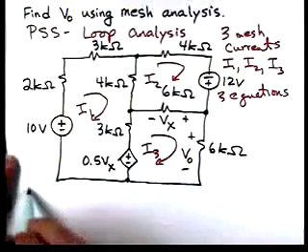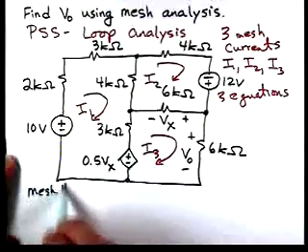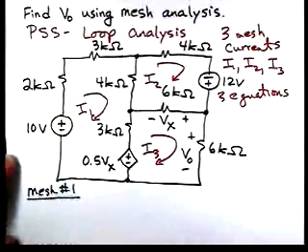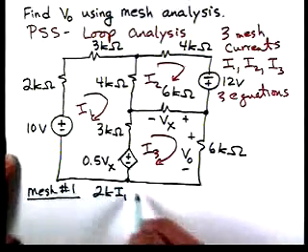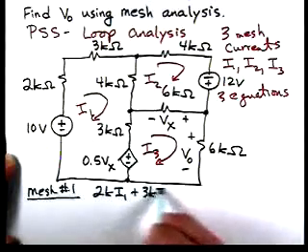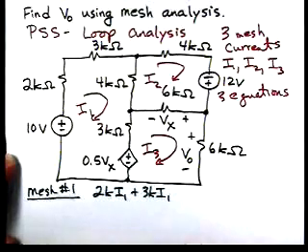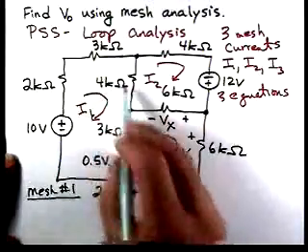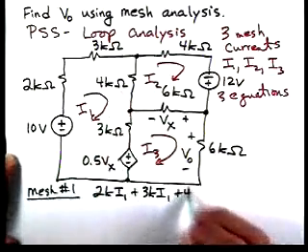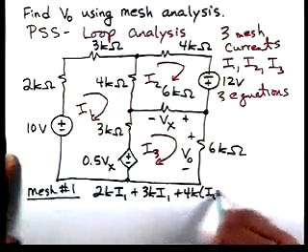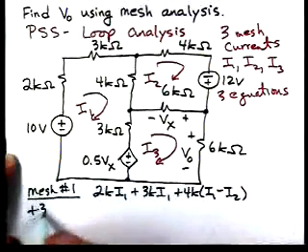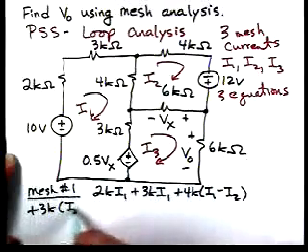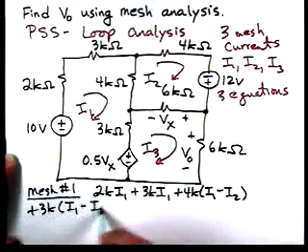With mesh number 1, we'll start here. We'll have 2K I1 plus 3K I1. Then we'll have 4K times (I1 minus I2) plus 3K times (I1 minus I3).